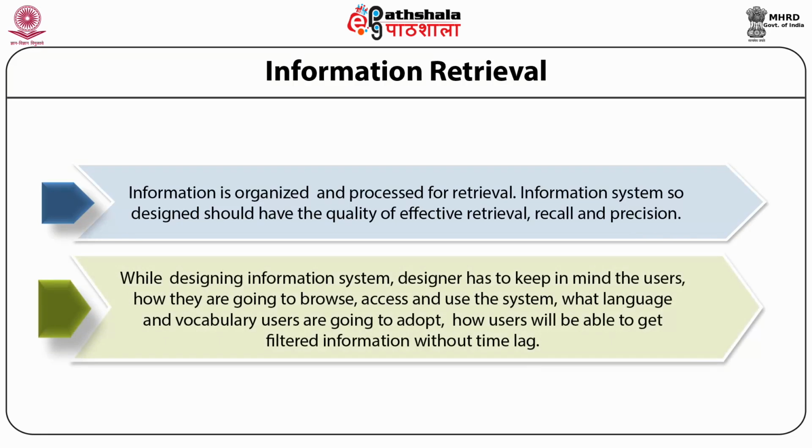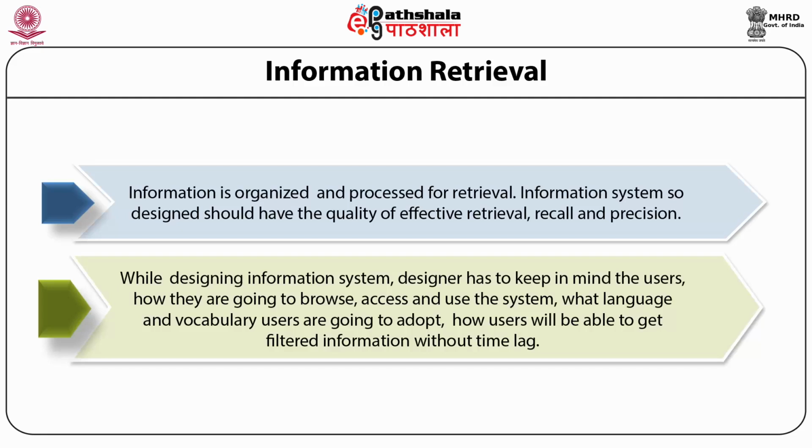While designing an information system, the designer has to keep in mind the users, how they are going to browse, how they are going to access and use the system, and their languages and vocabularies are to be kept in view.